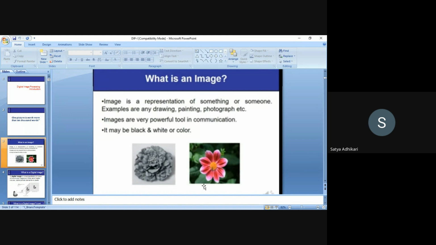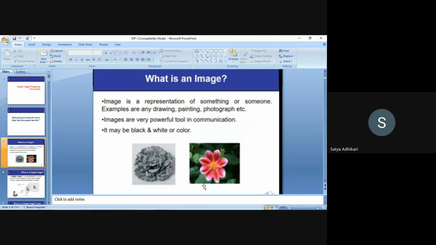So an image is a very powerful tool of communication nowadays. We can send images to our friends and groups on WhatsApp. Those images are very powerful tools in communication.